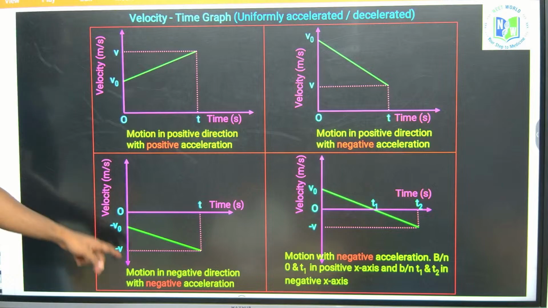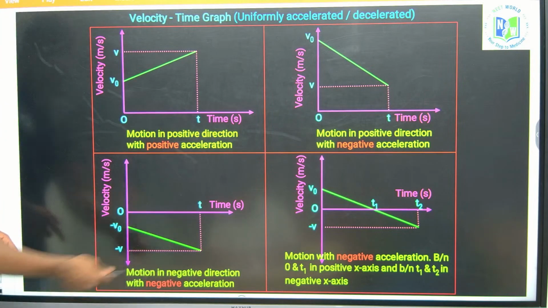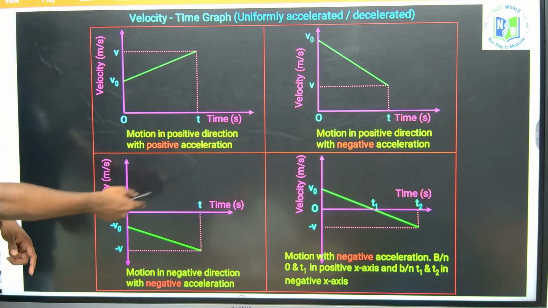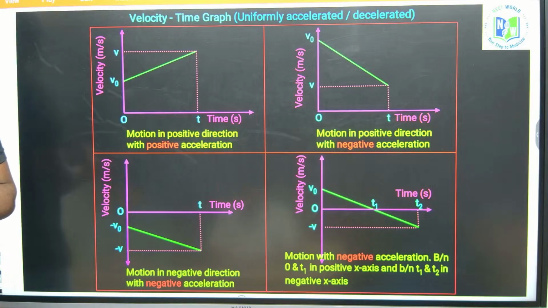And when you see here, motion is in negative direction and negative acceleration. So when I take a horizontal line and take an angle here, it is greater than 90. Let me draw it.